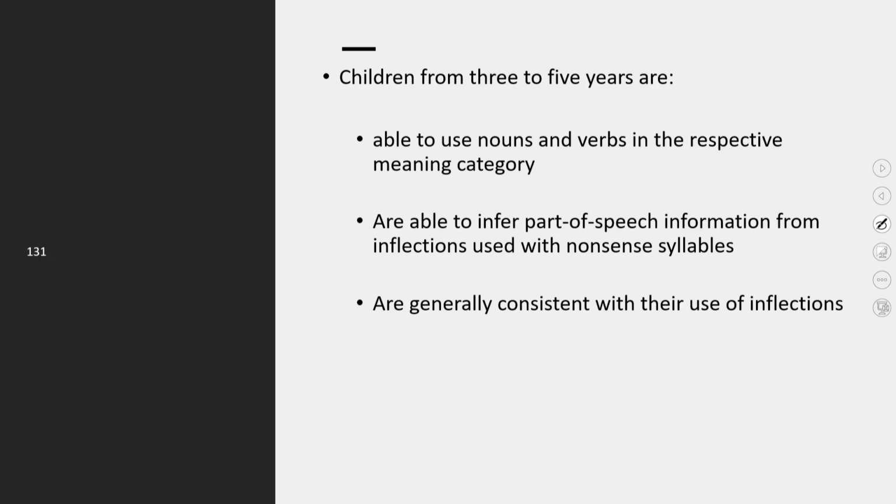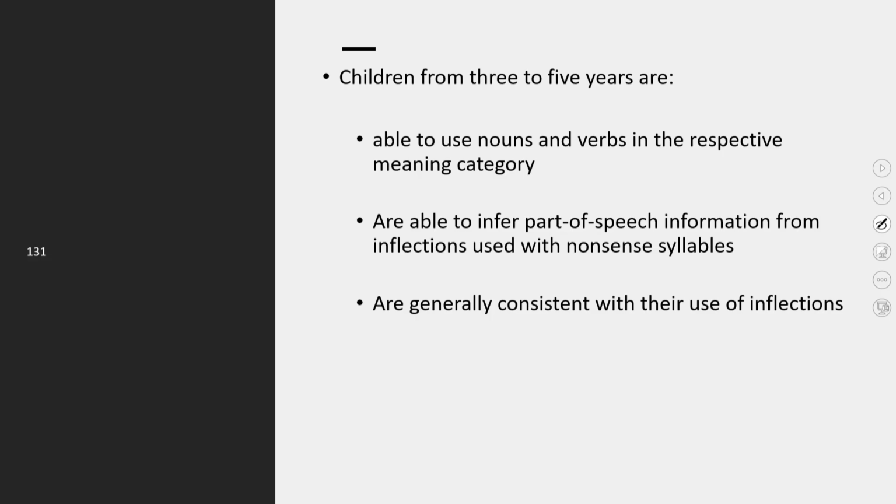These are very important learning stages, because initially they are dependent on the lexical entry itself, but it takes a little time to generalize, to abstract the idea of noun inflection to be used with every kind of noun. It is not like they have to memorize each and every noun and each and every verb.